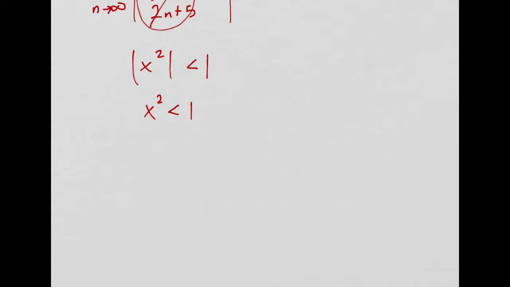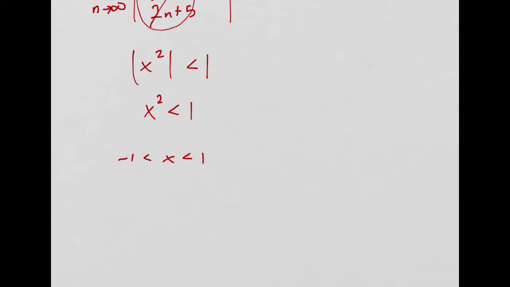Hopefully you can see that you can plug in a -1 and a +1. The answers here would be from -1 to +1. If you plug those in, it will almost work.